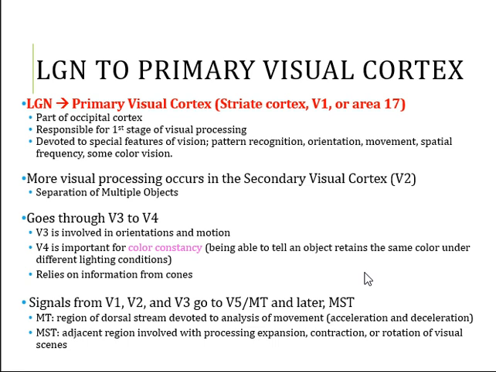And then MST is adjacent to MT, involved in processing the expansion, contraction, or rotation of visual scenes. So you can think MT, moving on the X or Y axis, if you're moving up and down, and then left and right for X axis. And then MST is kind of on the Z, where it's like roll and pitch and yaw, like how that's moving.